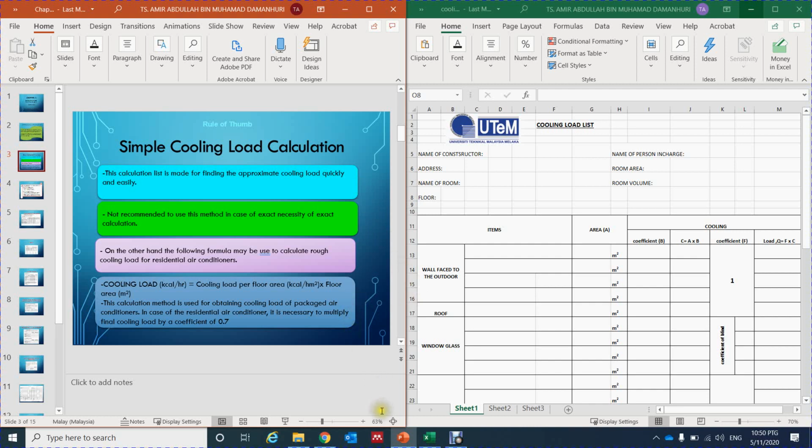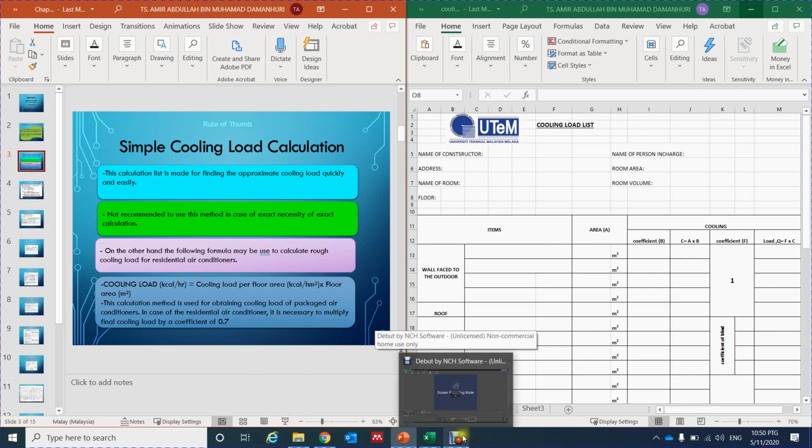This calculation obtains the cooling load for package aircon. In case we are using it for residential aircon for our house, for example a split unit, we have to multiply it by 0.7. I will explain that later when we get to the formula.